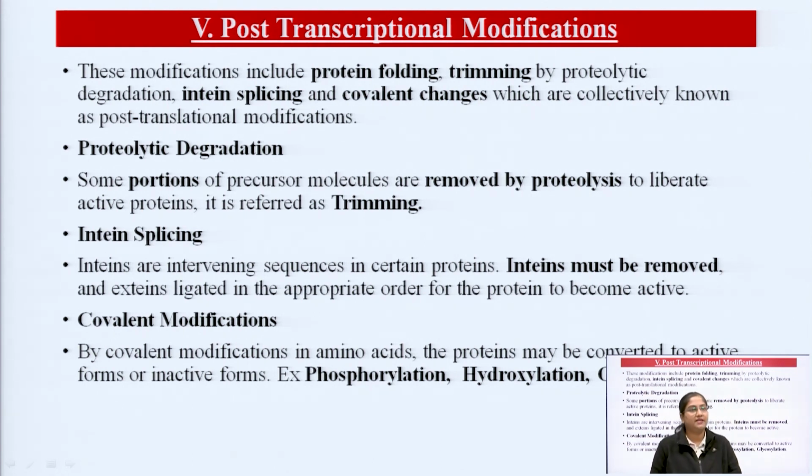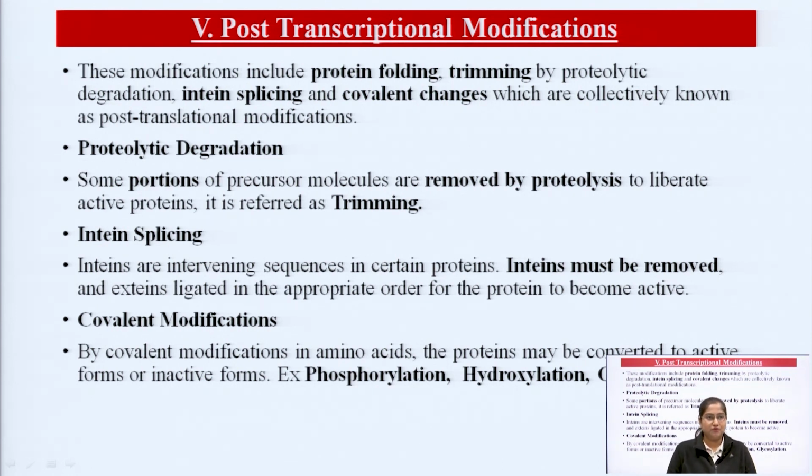Next, proteolytic degradation: some portions of precursor molecules are removed by proteolysis to liberate active proteins, which is referred to as trimming. Intein splicing: inteins are intervening sequences in certain proteins.